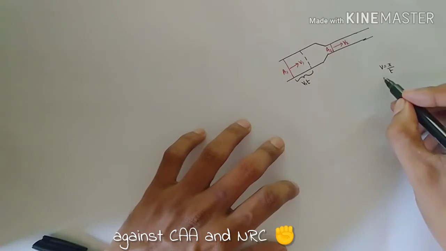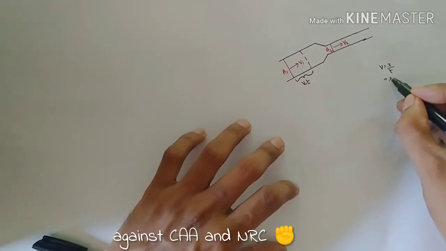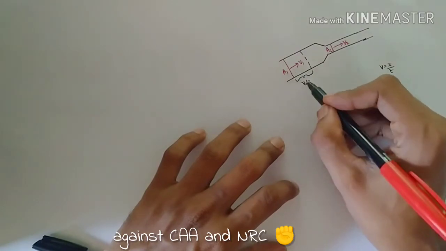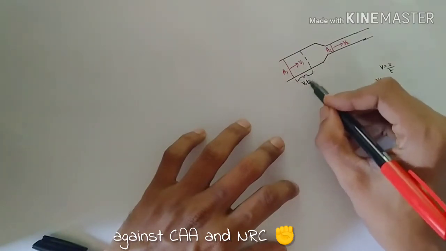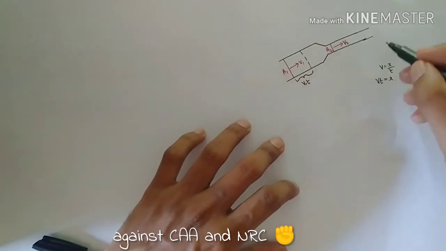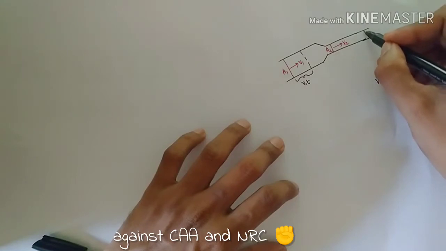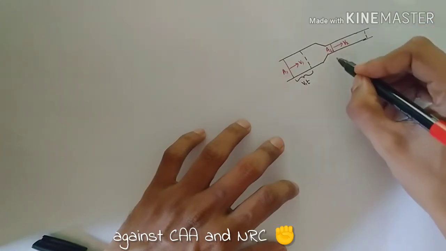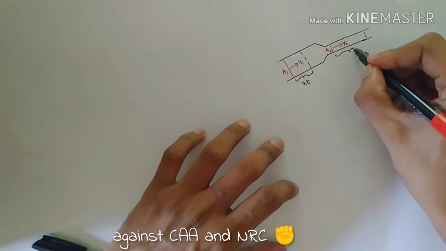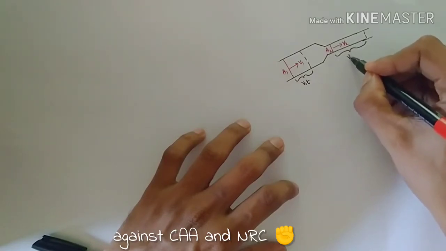Therefore displacement is equal to velocity into time, and this velocity is v1. That's why we are writing this distance as v1t. Similarly, the molecule over here, in that same time, will travel a distance of this much, and I am writing this distance as v2t.